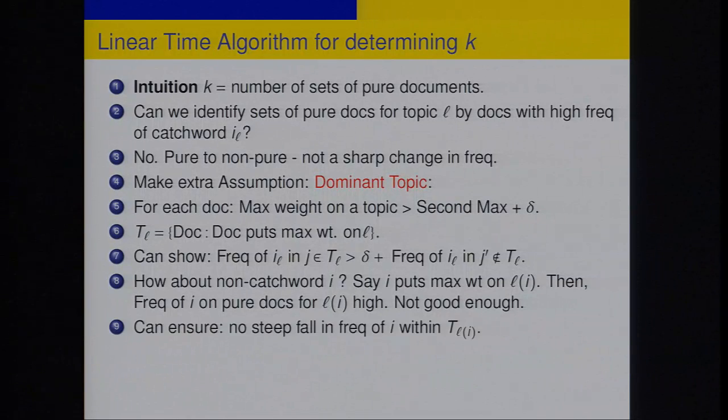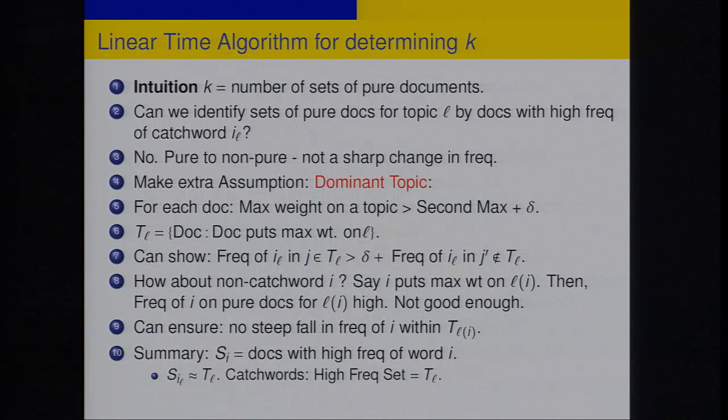So this better be true for all of those documents that put maximum weight on the same topic, right? So we want to ensure that there's no steep fall in frequency within this set. So if you have that, here is the picture then. In summary, all of this together says, I take docs with high frequency of word i, call that S_i.